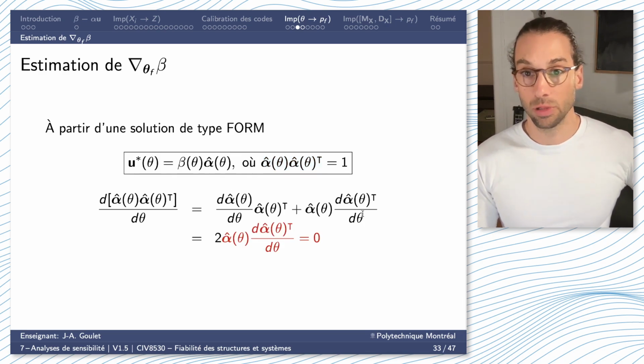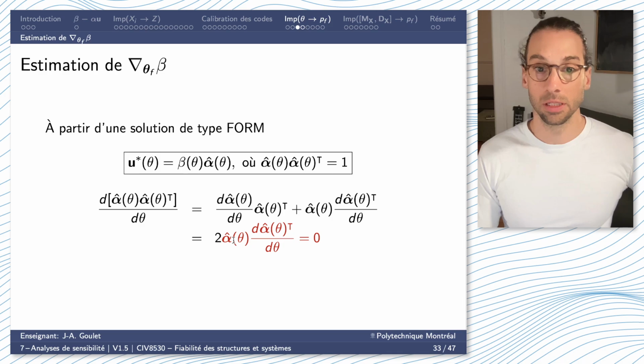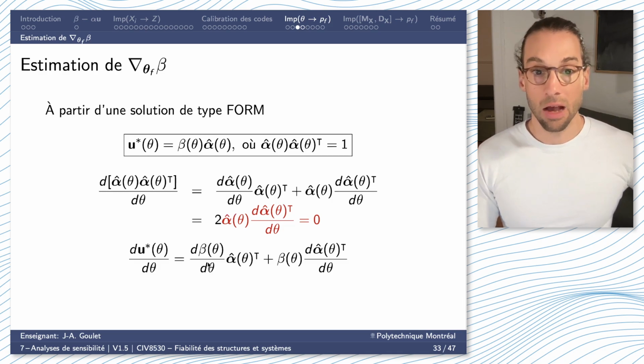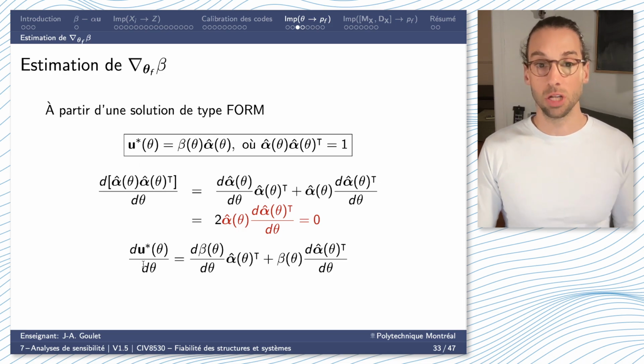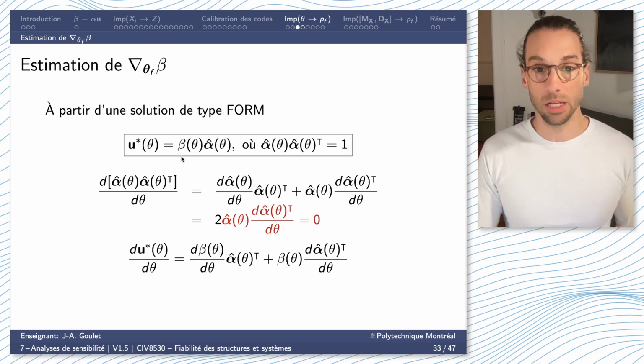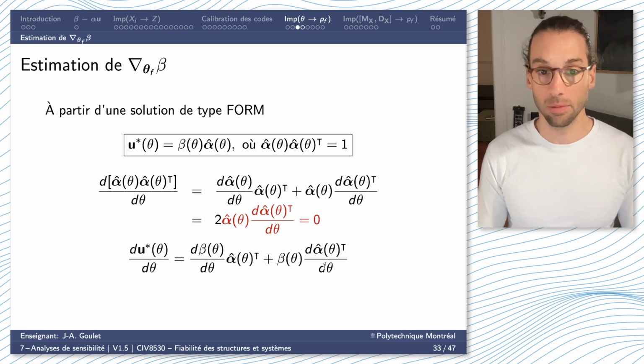And now that gives me 2 times alpha times derivative of alpha with respect to theta, which will give me 0. And now on the left-hand side, the derivative of u star with respect to theta is going to give me, using the same derivative rule, derivative of beta with respect to theta times alpha plus beta times derivative of alpha with respect to theta.